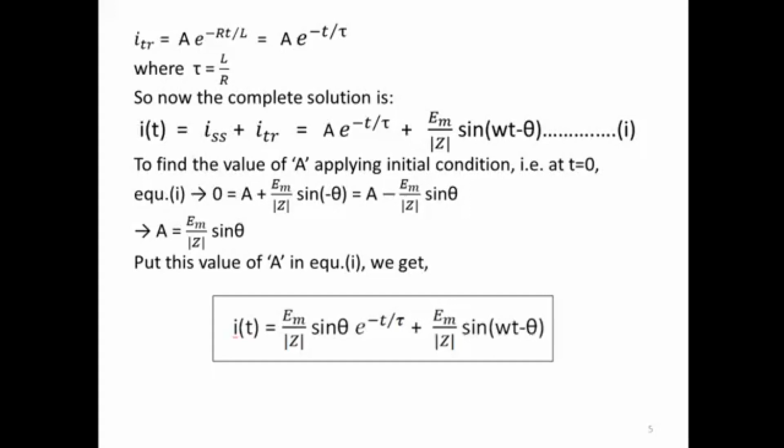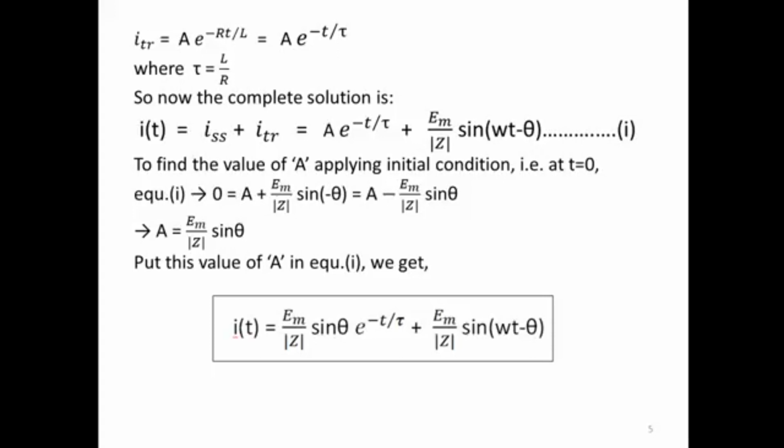And you can find the value of A by this method, which comes out to be Em by Z sin theta. Putting this value of A in equation 1, you will obtain a very important time dependent equation of current, which is written in this box.